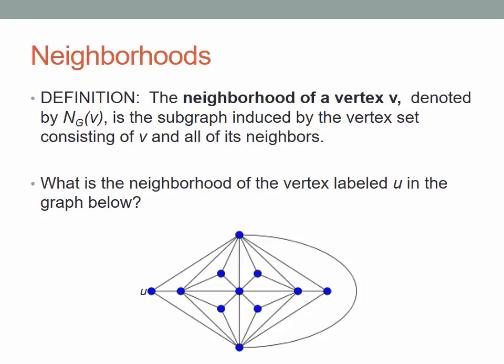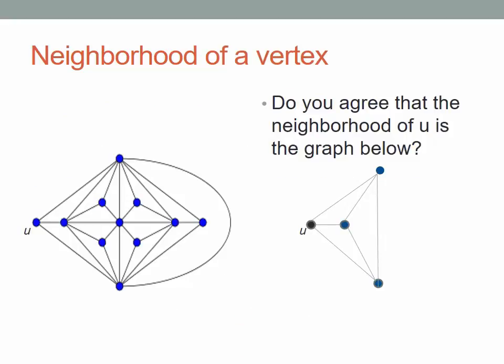So can you picture the neighborhood of U? Is that what you pictured? U with its 3 neighbors. And it turns out in this example that all of the neighbors are adjacent. So the graph that we get is a K4.